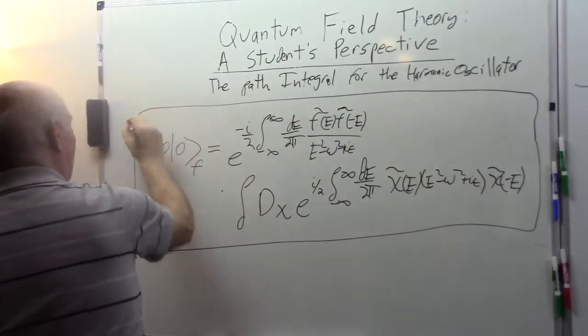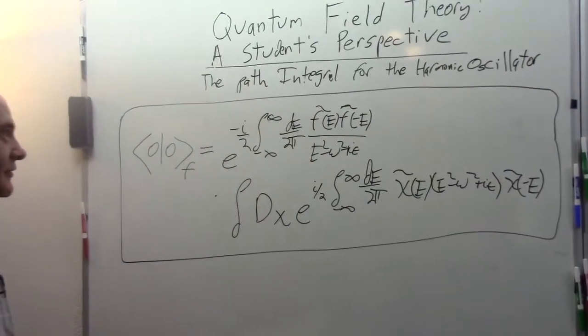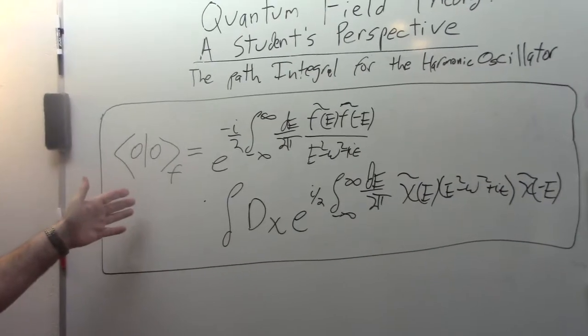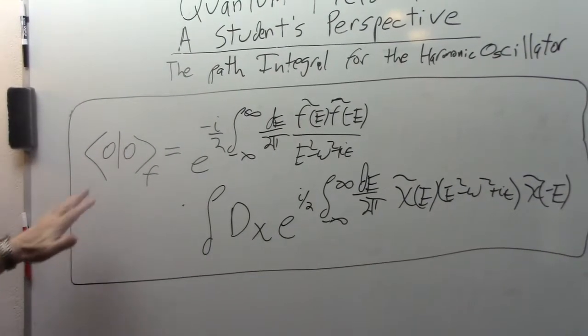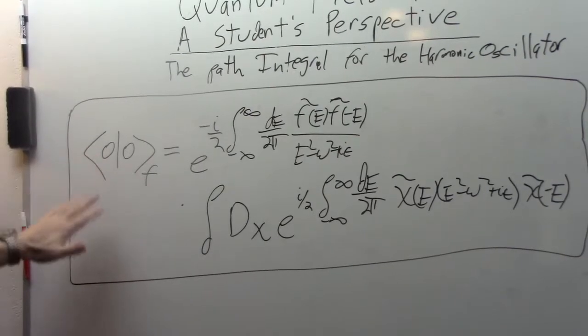And I know a lot of you are thinking this is all very abstract. What do we use it for? But you can already see the structure of Feynman diagrams coming in here.